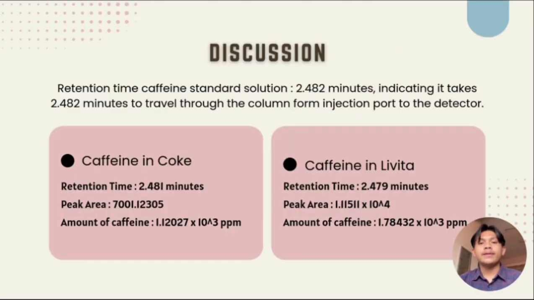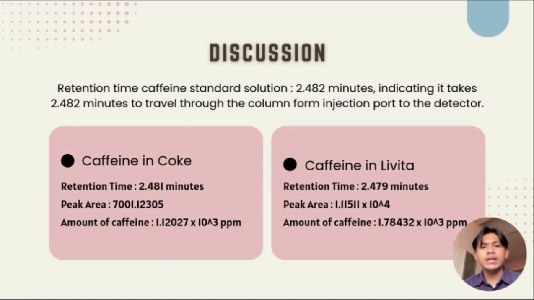The results highlight the retention times, peak areas, and calculated caffeine concentration in Coke and Nivita. The caffeine standard solution had a retention time of 2.482 minutes, confirming the accuracy of the method. Coke had a retention time of 2.481 minutes, a peak area of 7001.2305 and a caffeine concentration of 1.1202 times 10 to the power of 3 ppm.